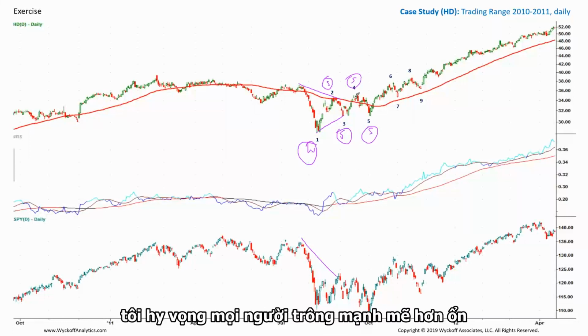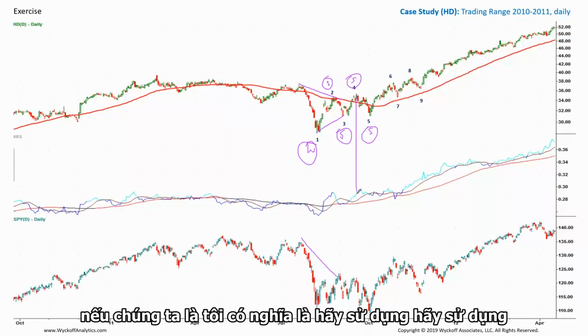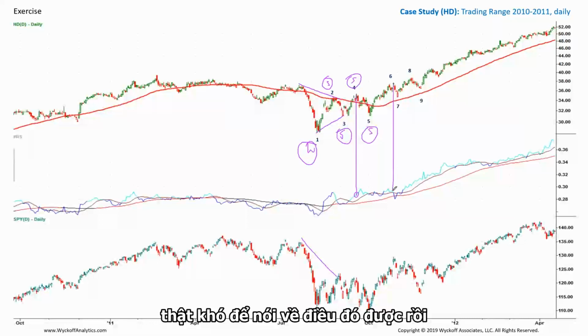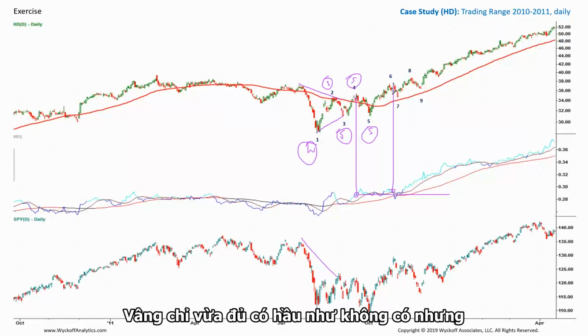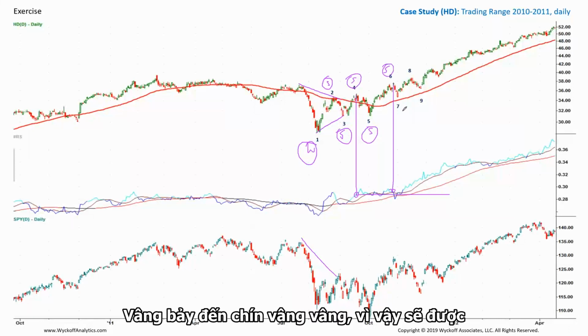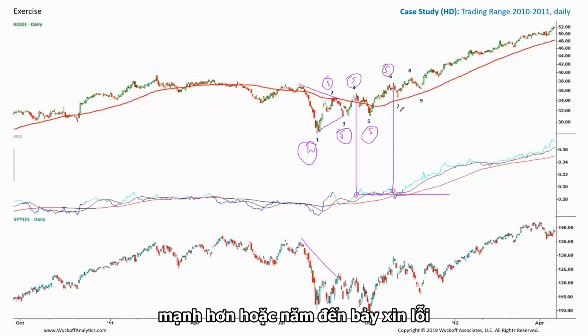Home Depot looks stronger. Let's use relative strength. It's hard to tell on that one. Just barely, but stronger. 7, stronger. 5 to 7, excuse me, going to be stronger.